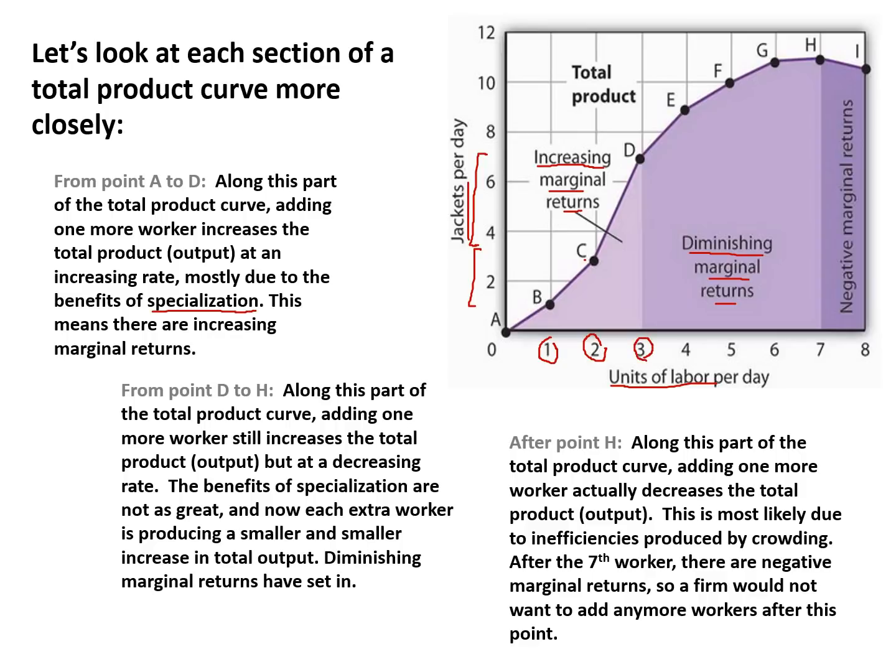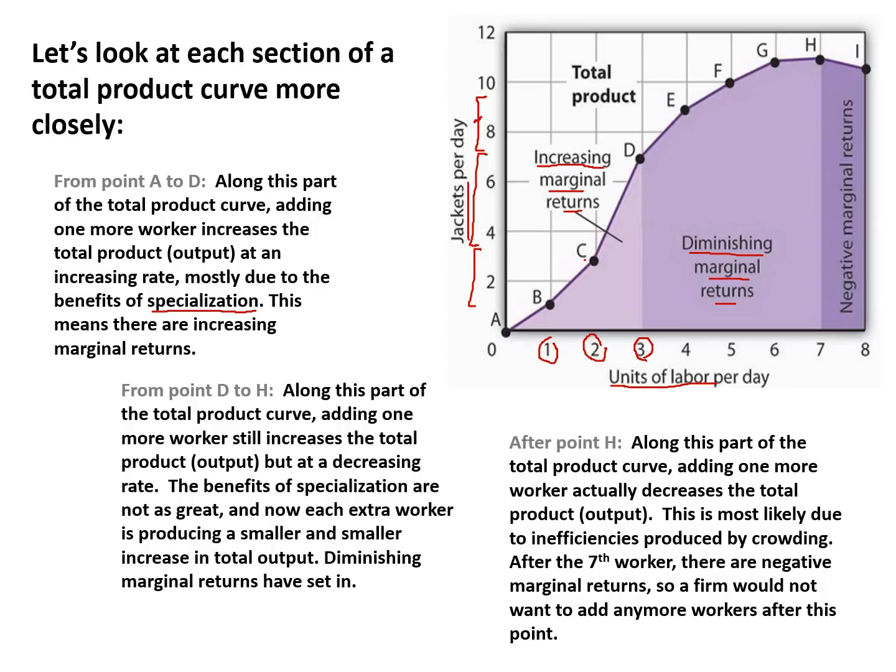Now, beyond 3 workers, each additional worker is producing additional output, but the change in that additional output is less and less for each additional worker.